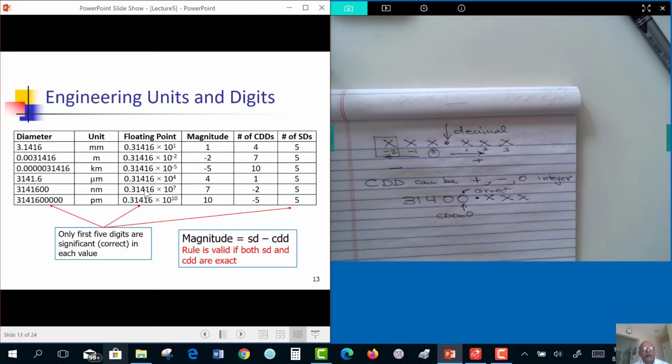Here is floating point notation. Notice in all of these, I'm keeping 5 significant digits. Here are the magnitudes. So you can see significant digits do not change when I change the unit, but the number of correct decimal digits changes when I change the units. So CDD is unit dependent.